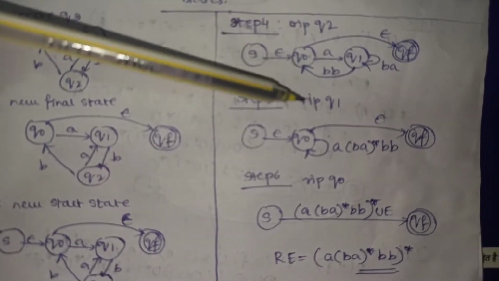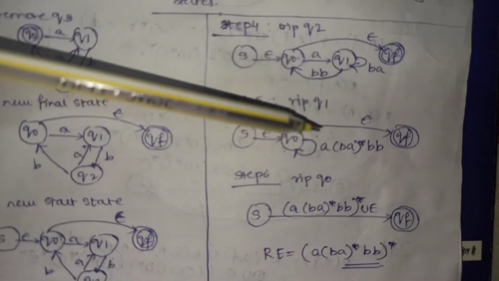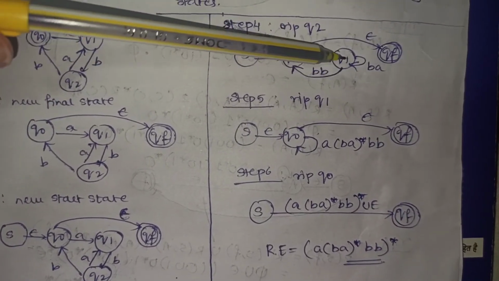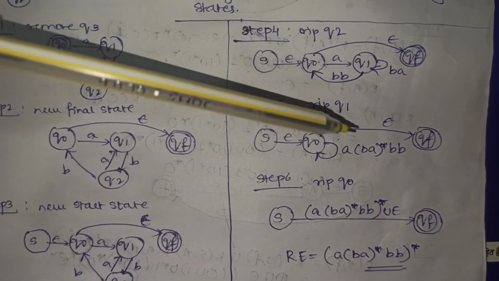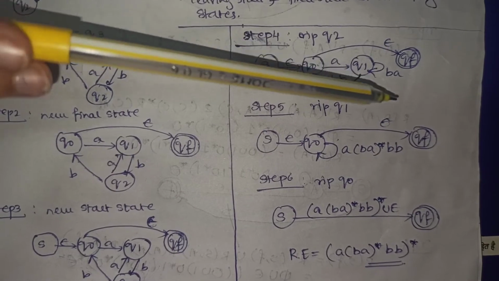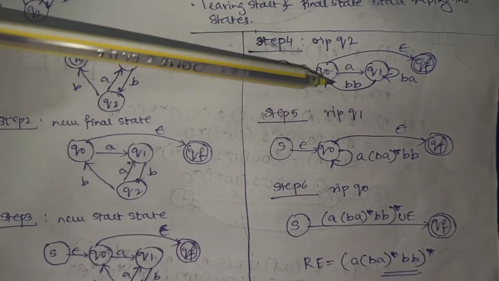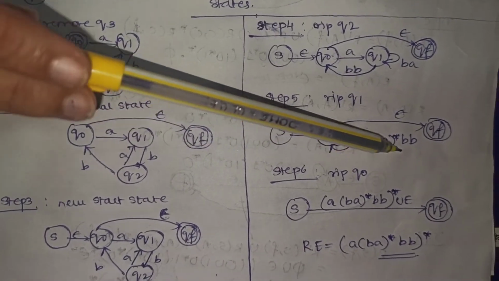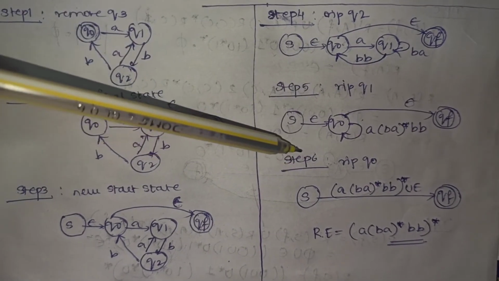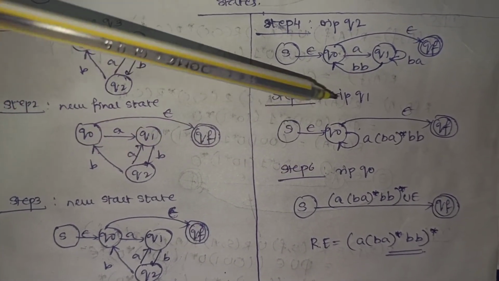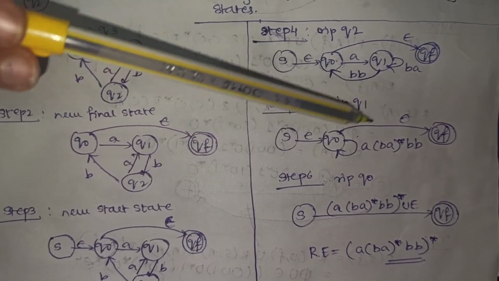After which, suppose you want to rip Q1. If you rip Q1, here it is a loop that is BA, so that will be represented as BA star. And so A, BA star, BB is coming back to Q0. That is a loop, and you have the expression I told earlier. Then, as you can observe, from Q0 you have two paths.